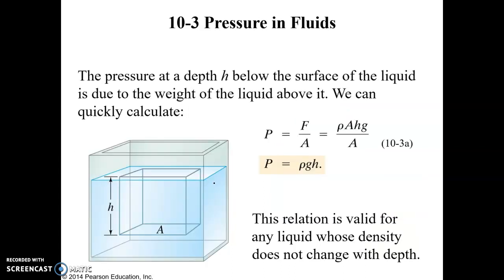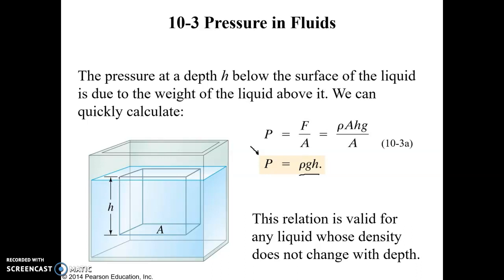As I mentioned, the deeper into a fluid you go, the more pressure the fluid exerts. And so we can come up with a formula for that: P, pressure, equals rho g h, where rho is density, g is the acceleration due to gravity, and h is the height below the surface of the fluid.